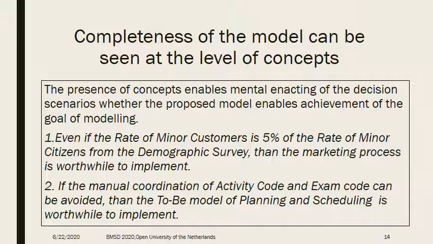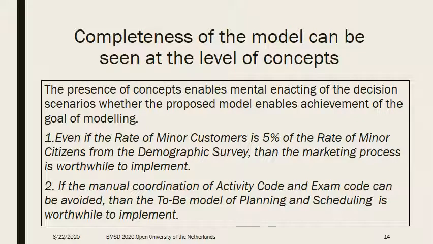What can we see in these two case studies? We can see that completeness of the model can be seen at the level of concepts. The presence of concepts enables mental enacting of decision scenarios needed to decide that the proposed changes enable achievement of the goal of modeling.